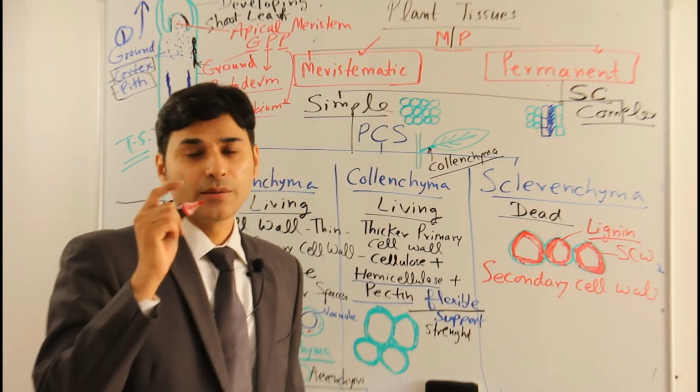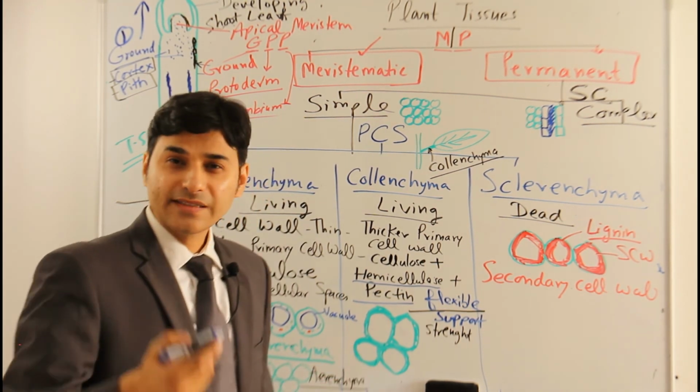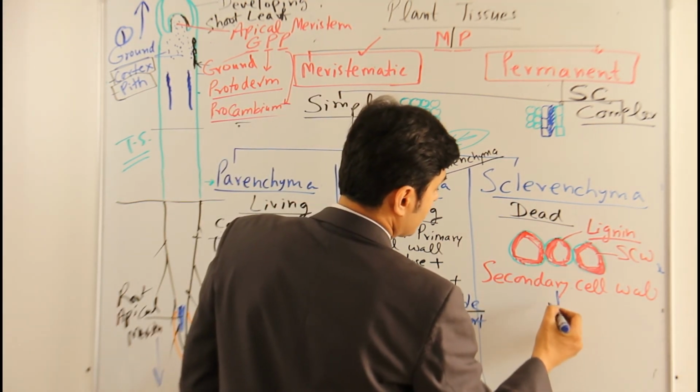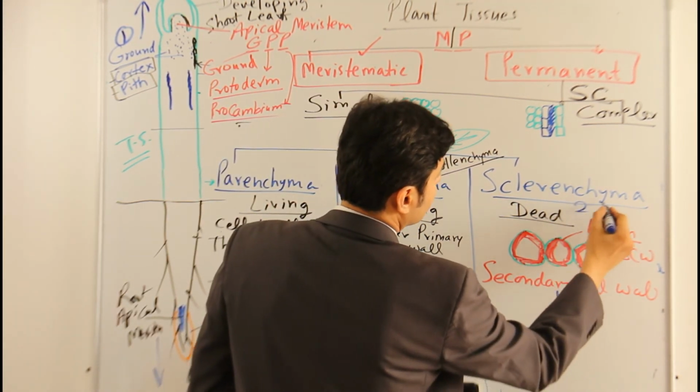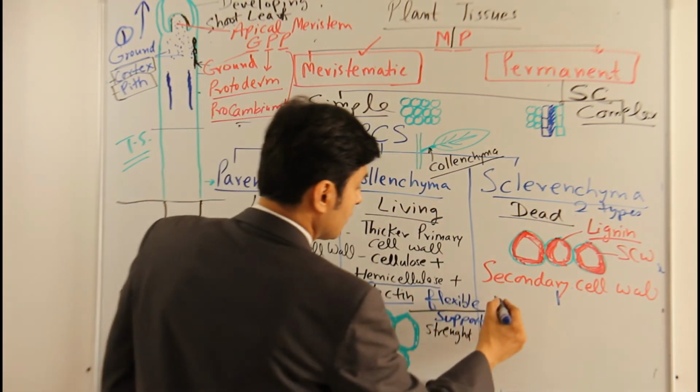Now this sclerenchyma is of two types: sclereids and fibers.